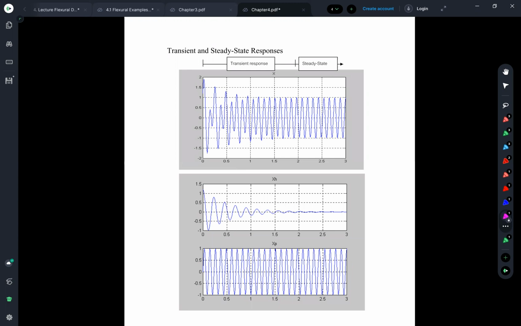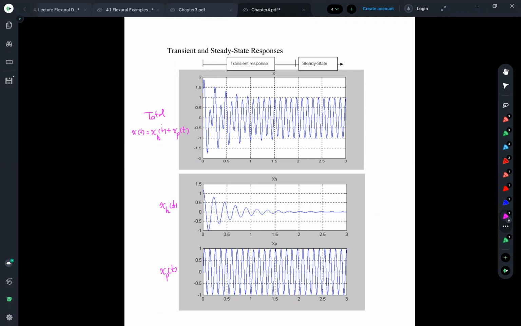And you can see the total response x of t, which contains both homogeneous and particular parts under the harmonic force. But below, you can see the extracted homogeneous and particular solutions respectively with time.